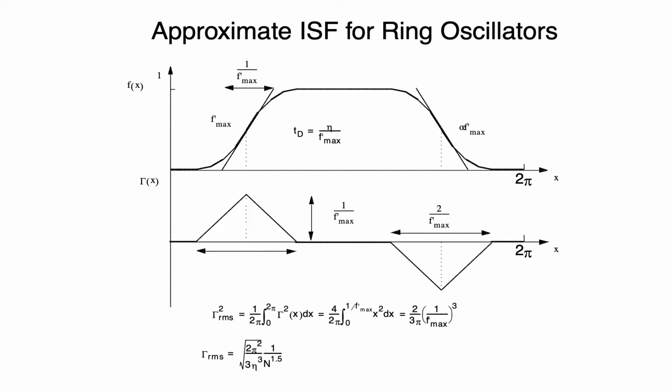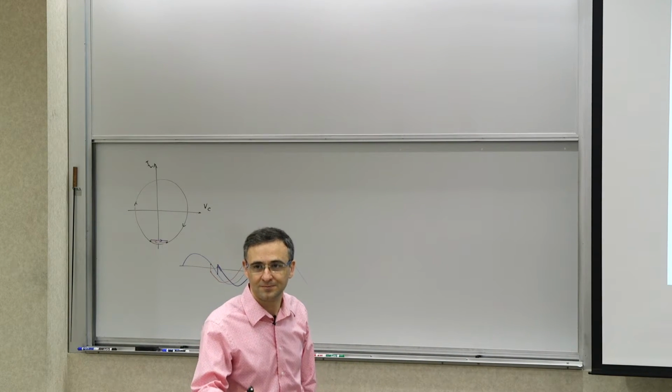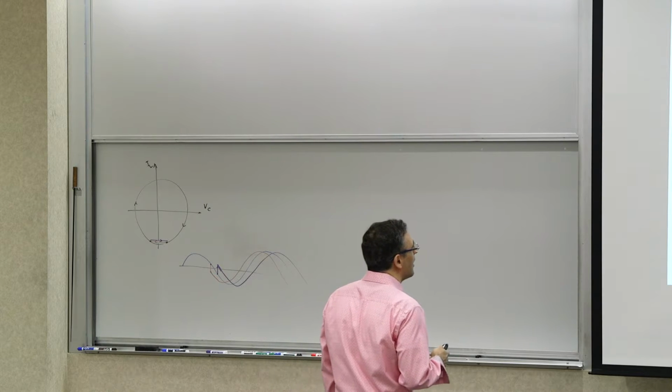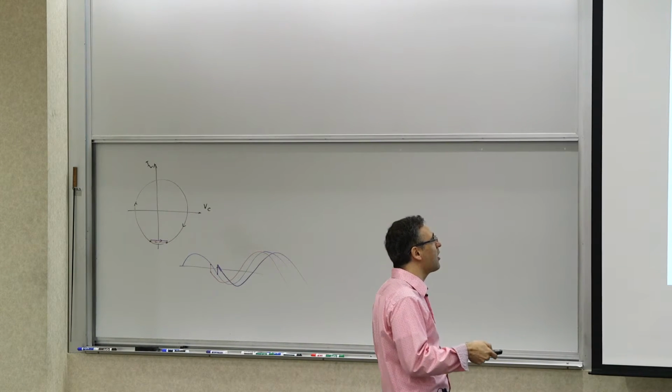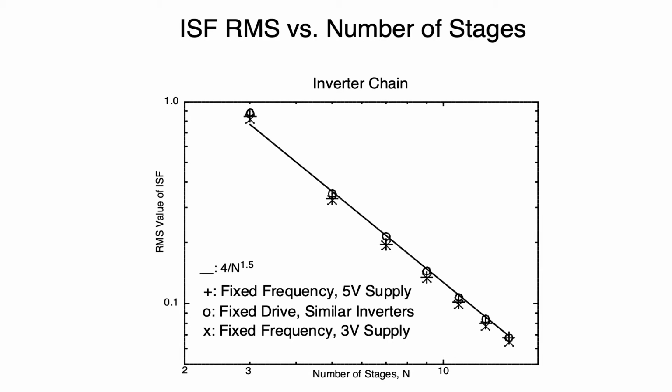Another way to say it is that gamma RMS squared is inversely proportional to the number of stages cubed, based on this assumption. And if you plot that versus the RMS values calculated from the actual ISF, you can see it's a pretty nice fit.